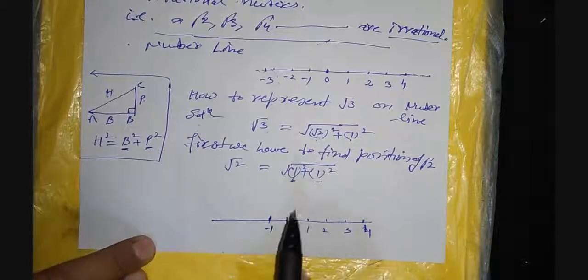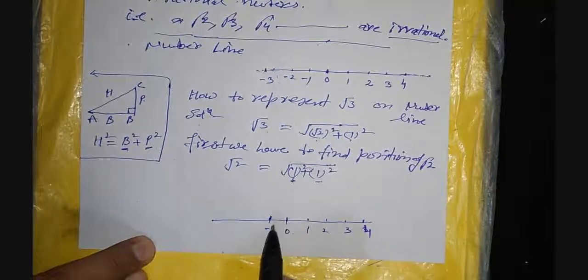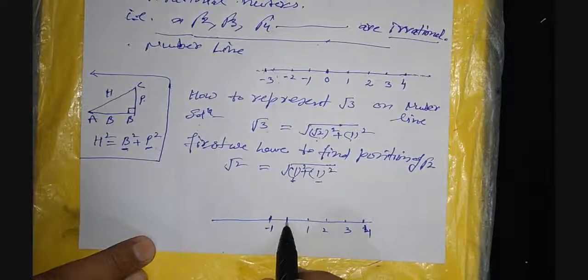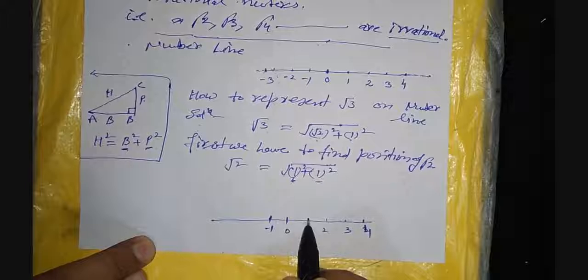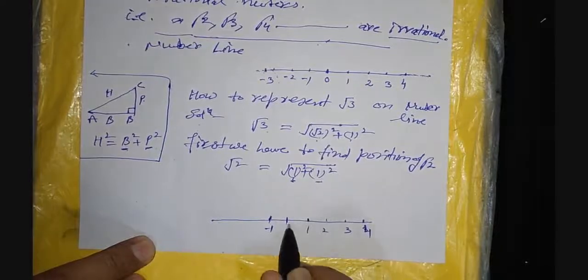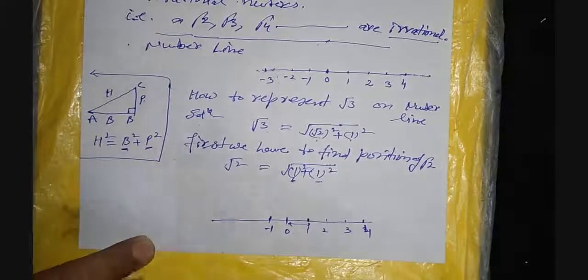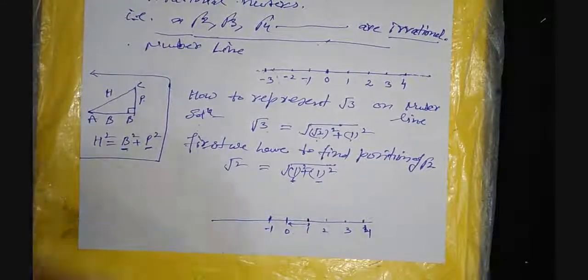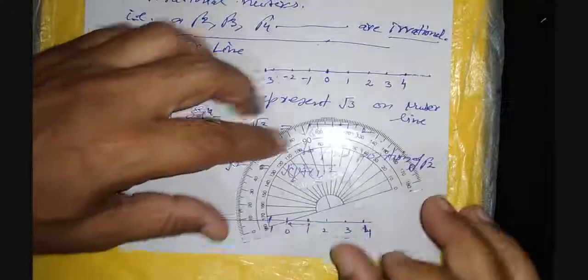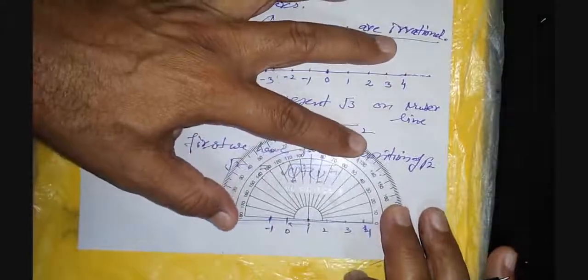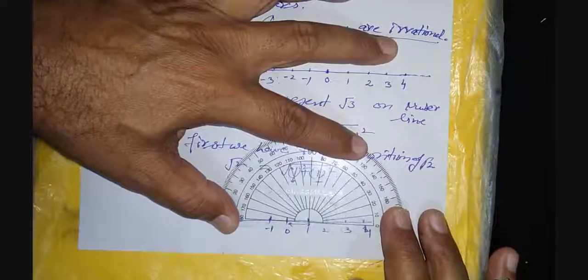We are taking base 1, meaning 1 unit, so this is our origin and this length is 1 unit. This distance of 1 unit can be taken as base. Now draw a perpendicular line, meaning a 90-degree angle at this point 1.